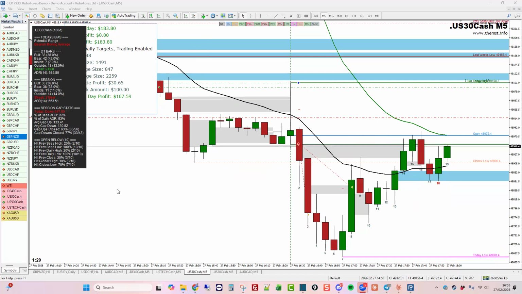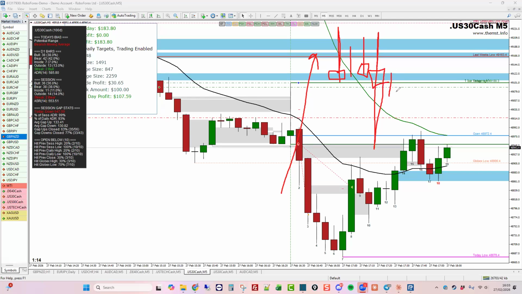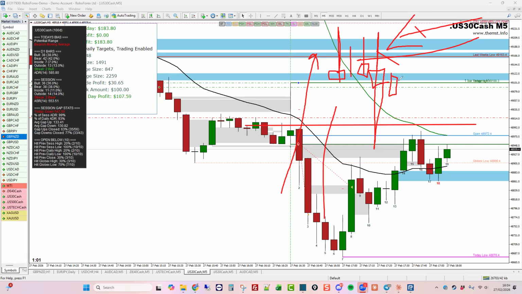So if I see this thing break long, and then I see that, followed by an inside bar, followed by that, followed by that, followed by that, I will trail to break even, because that is not working, is it? So I will use them discretionarily in trading, because I see the market is just not going what I want it to do. That's the only time I would use a trailer.